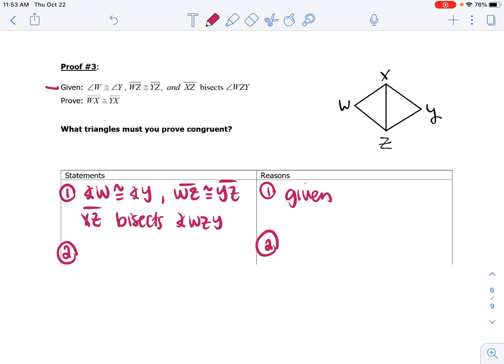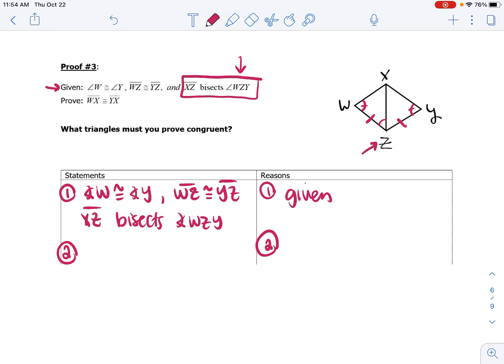So let's address every bit of our given. Let's mark the angle W and Y congruent. Let's mark WZ and YZ congruent. And then we also know that this segment XZ bisects an angle. So which angle is it? WZY.